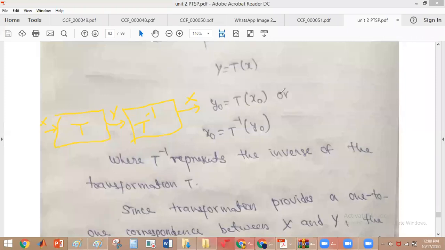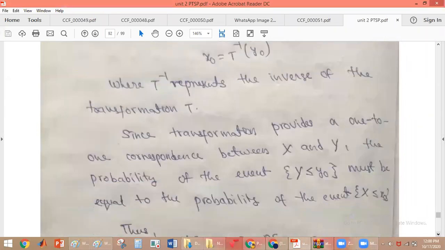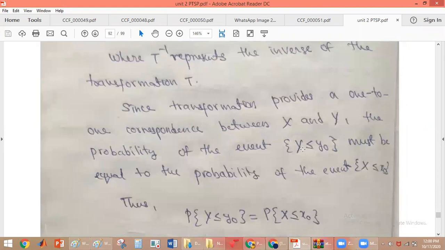Here, as we just discussed, for every value of x there is a value of y, yes or no? So this is called a one-to-one correspondence between x and y. So the probability of the event y less than or equal to y naught must be equal to the probability of the event x less than or equal to x naught.